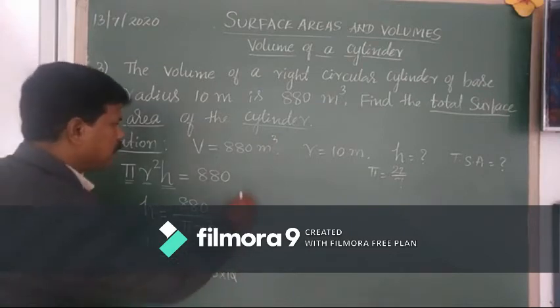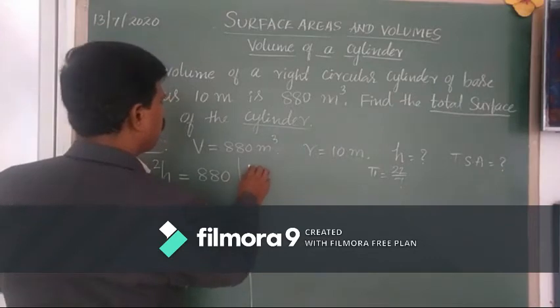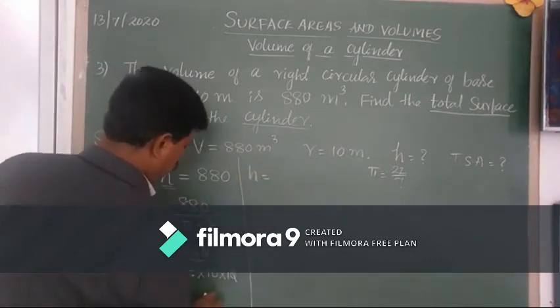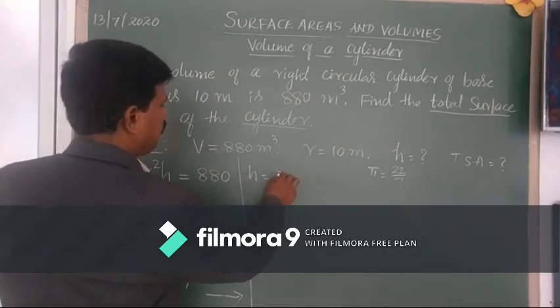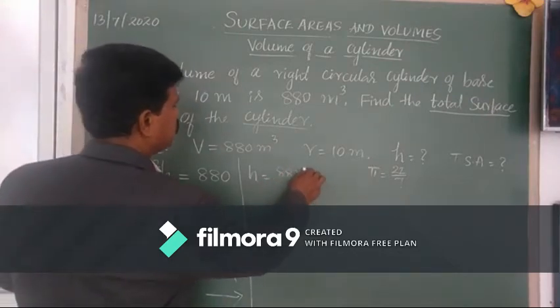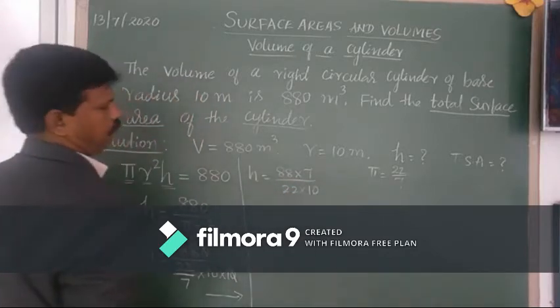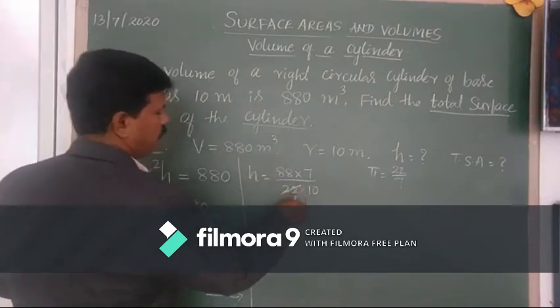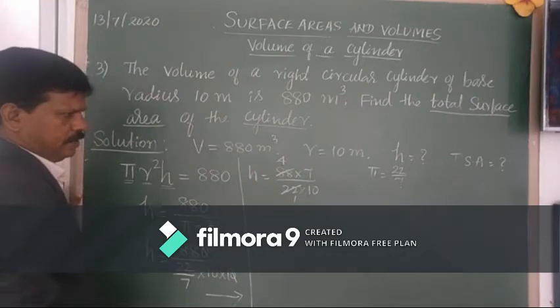Now here in this you can shift up this one. H is equal to, continuation of this, H is equal to 88 into 7 whole divided by 22 into 10. Now 22 ones are 22, 22 fours are 88.